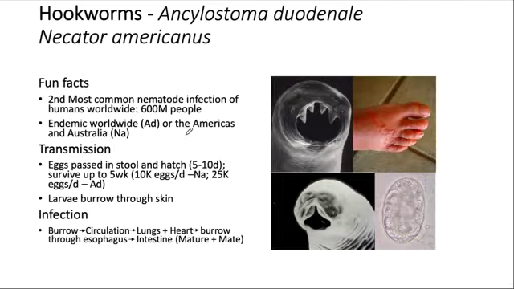They will hatch in the soil, and then the larvae that will develop from the eggs will then burrow through the skin of an individual who comes into contact with that contaminated soil. If they burrow through the skin, they'll get into the circulatory system, enter the lungs and the heart, burrow through the esophagus, and then end up in the intestine, where they will mature and mate.